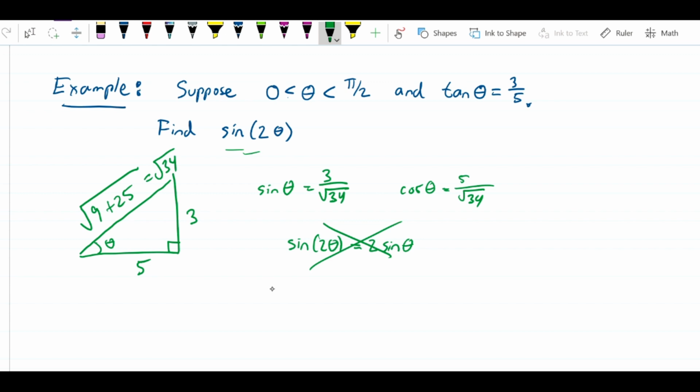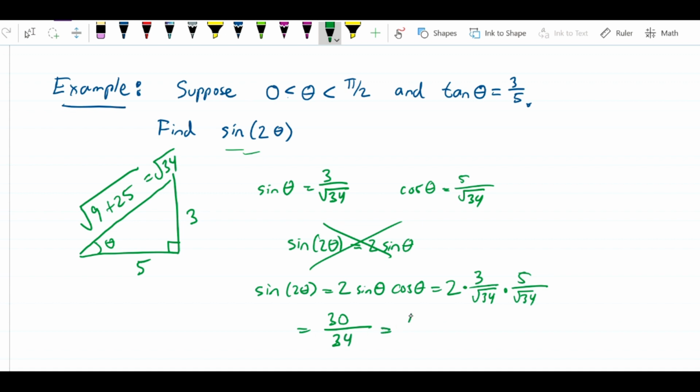So the correct way to do it is to recall the identity from the previous screen, where we have sine of 2 theta is equal to 2 sine theta cosine theta, which is equal to 2 times 3 over root 34 times 5 over root 34, and that gives us 30 over root 34 times itself is 34, and that equals 15 over 17. So that's the sine of 2 theta.